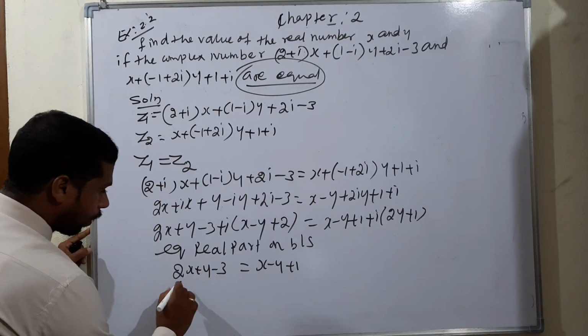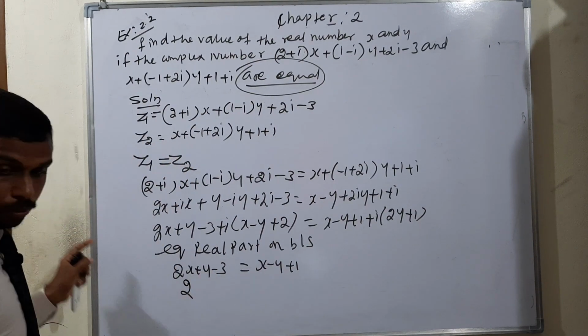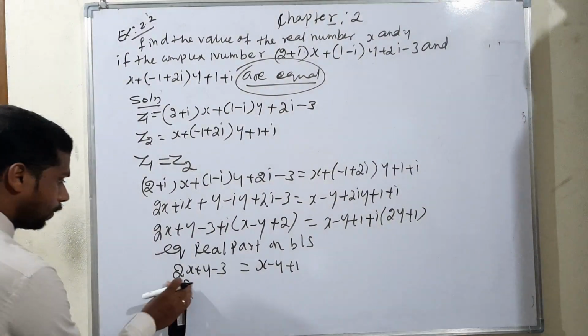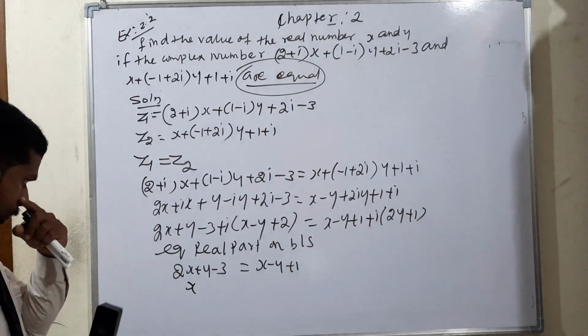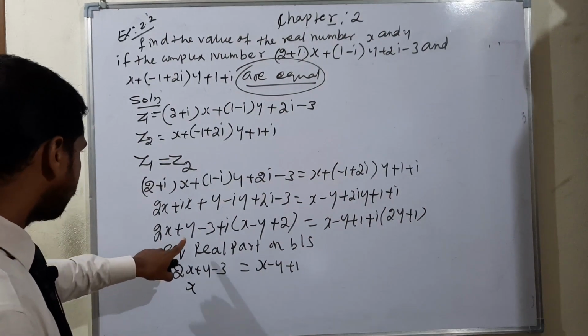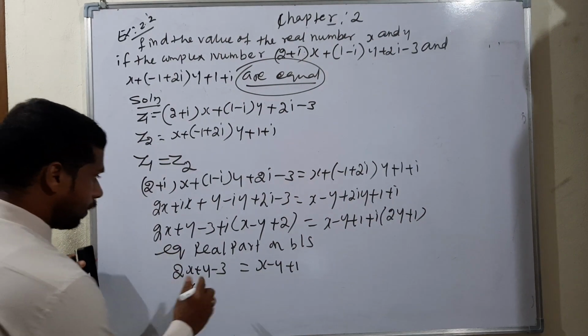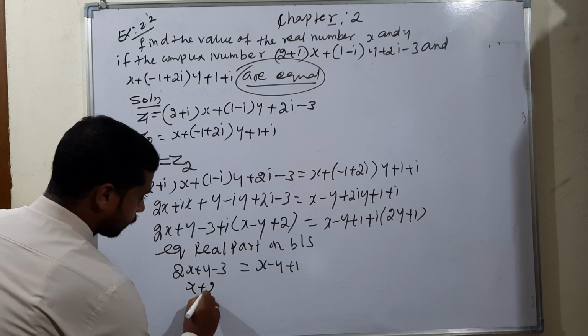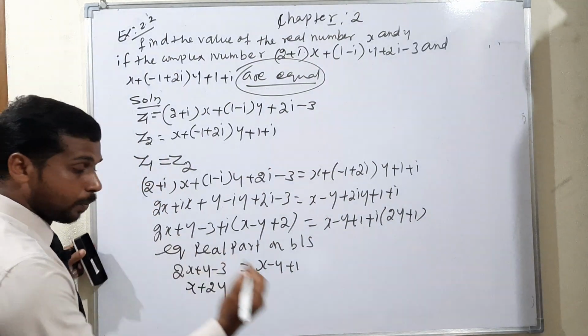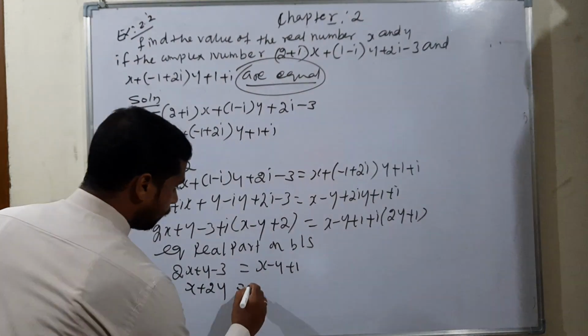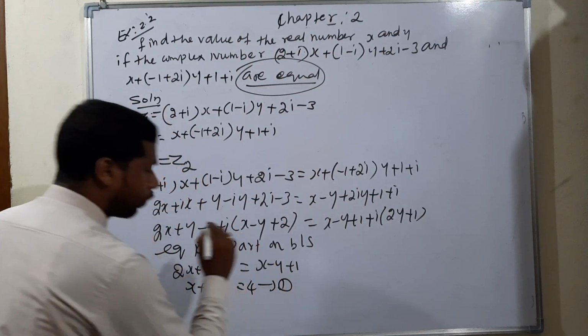Again, plus x bring out to the opposite side means minus x. Therefore, 2x minus x is equal to positive x. So, minus y bring out to the opposite side means positive y. Positive y, and already here positive is there, so x plus 2y is equal to minus 3, bring out to the opposite side means positive 3. So, 1 plus 3 means 4. This is called equation number 1.